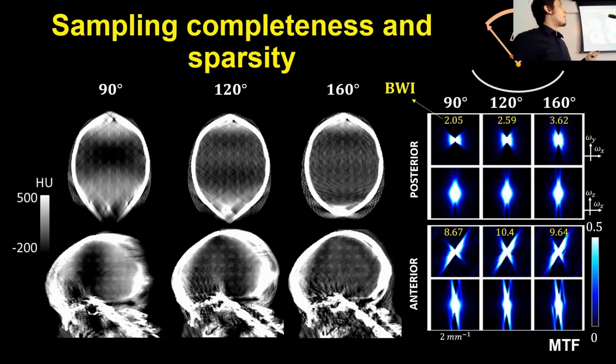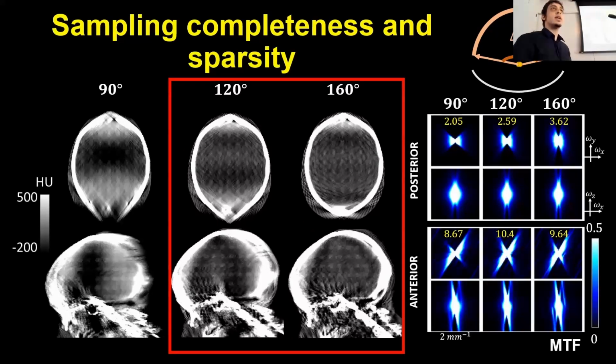This can also be appreciated in the MTF. We can see these values are lower for the 90 degrees, both for the posterior and for the anterior region of the brain. So we propose going to wider, more open angular sampling between 100 and 160 degrees.